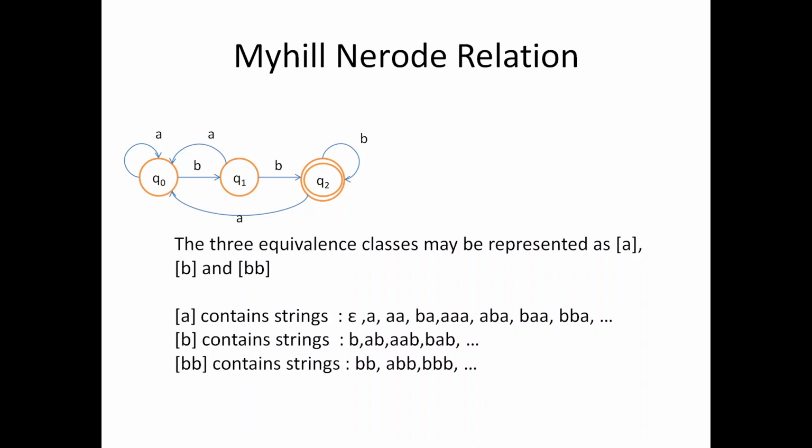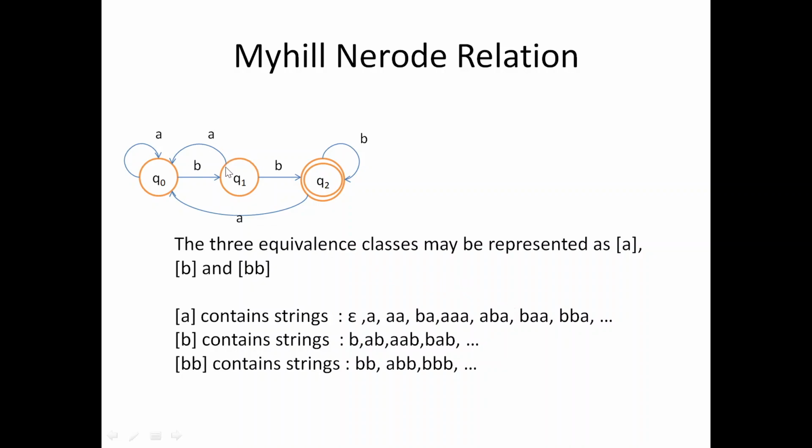An equivalence class can also be represented using any string that is a member of that equivalence class. For the equivalence class represented by Q0, I have used the string A. The equivalence class represented by A will contain as members epsilon, A, AA, BA, AAA, and so on.